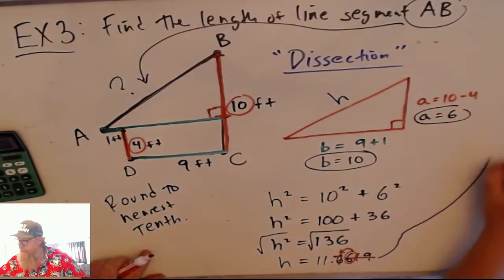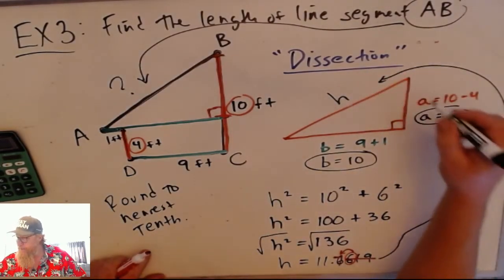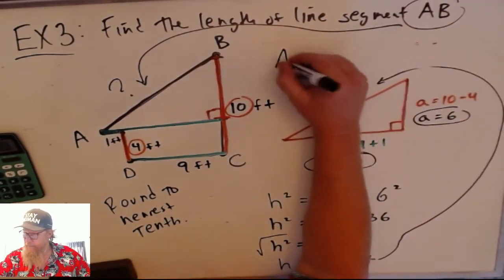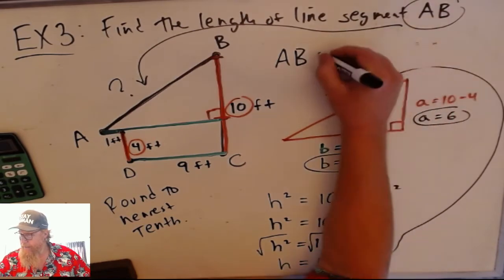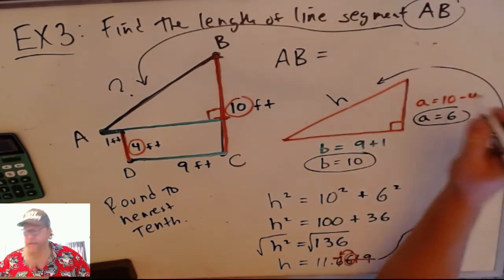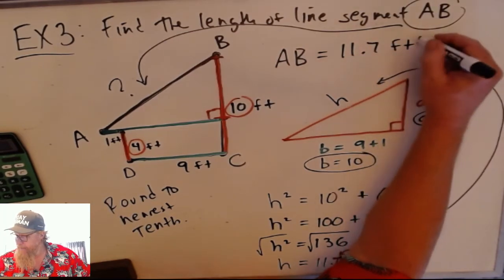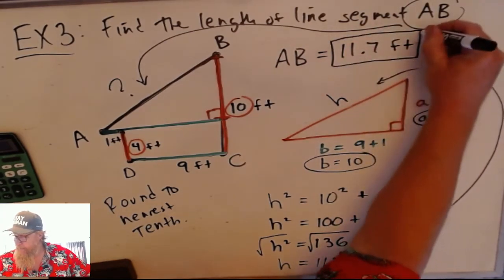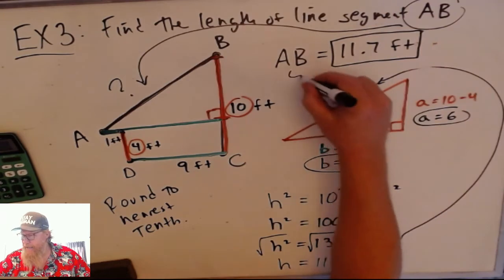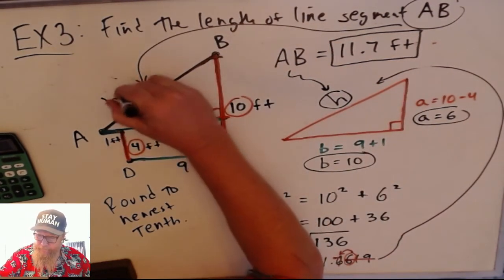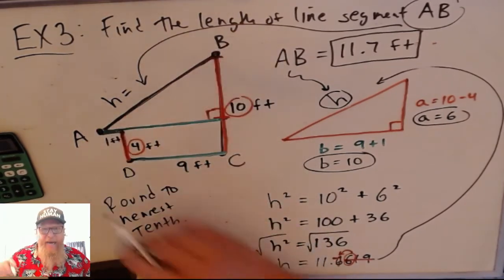And so we're going to get the hypotenuse is approximately, but now I'm going to call it AB. Yeah, AB is approximately 11.7 feet. AB is H, right? It's the line segment AB.